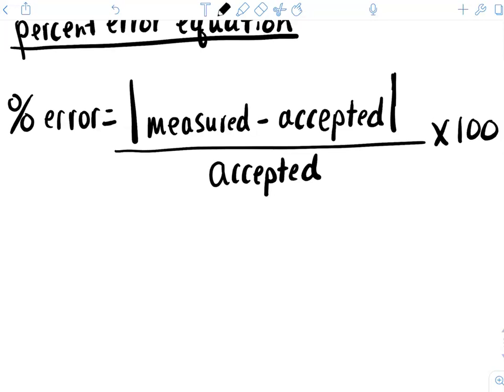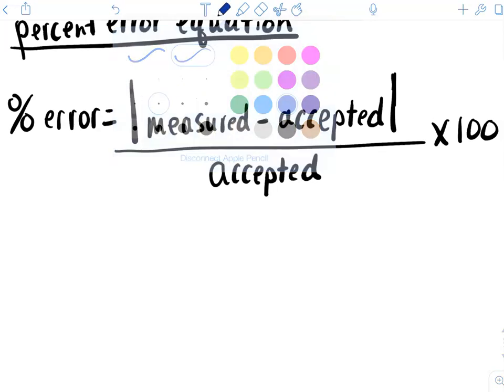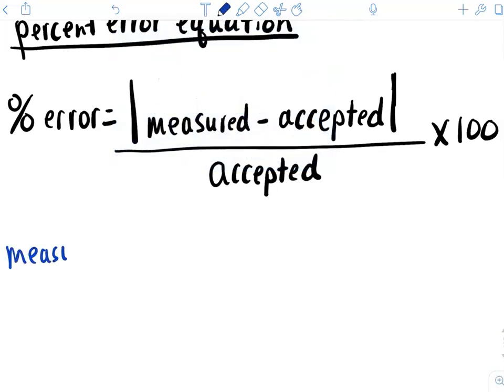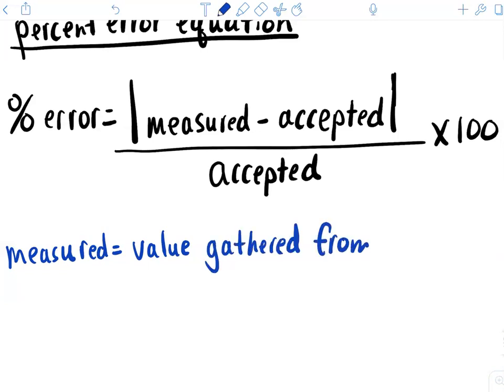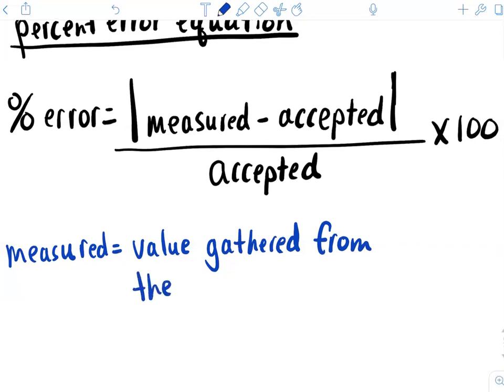And just to clarify, that measured is the value gathered from the experiment. Okay. Now, in order to help us out with this and to make things a little bit easier, we use something called the GUESS method.